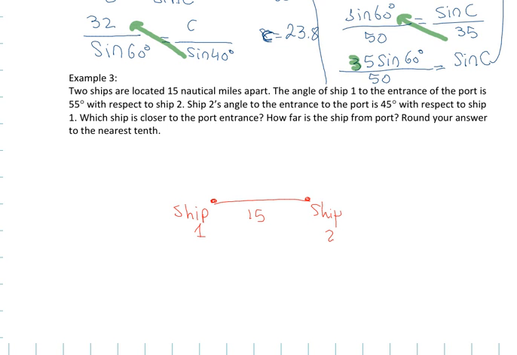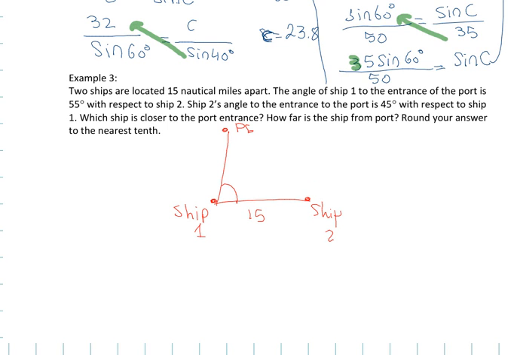Okay? Let's say the port is right here. So this is the port entrance, right? So it says that the angle of ship 1 to the entrance with respect to ship 2, so basically we're talking about this angle because it's from ship 1 to the entrance with respect to ship 2.